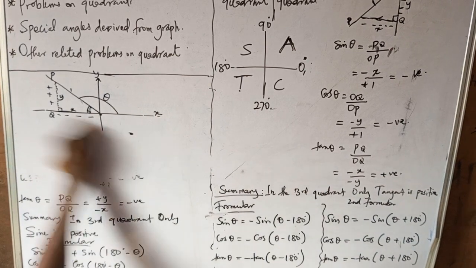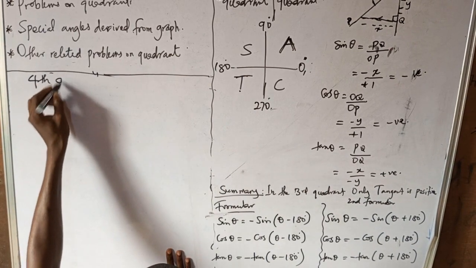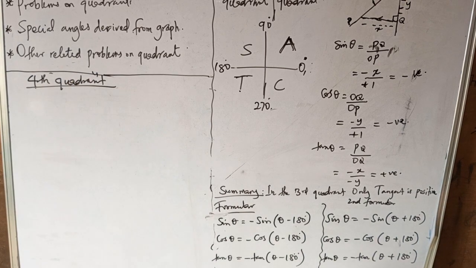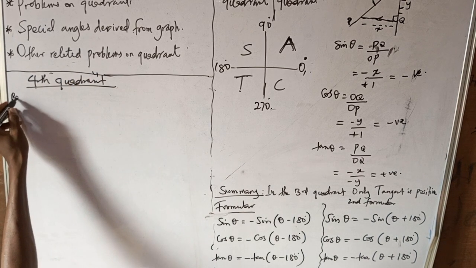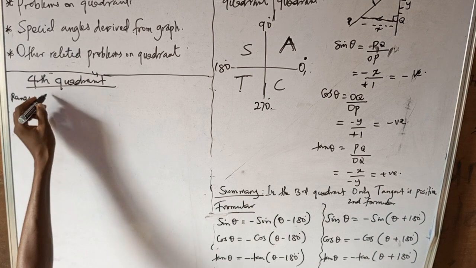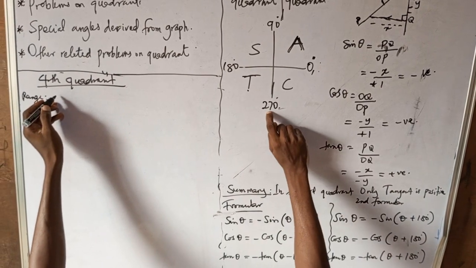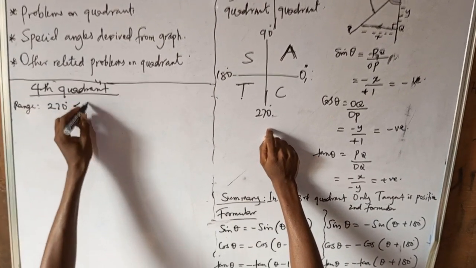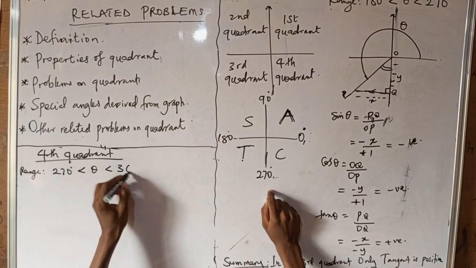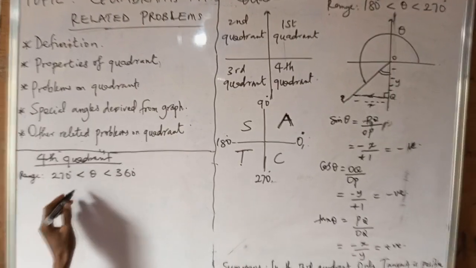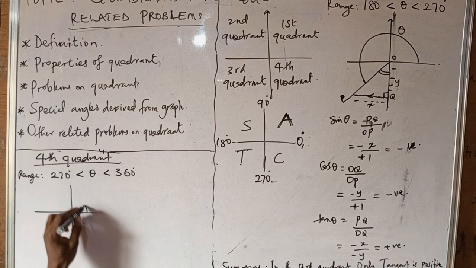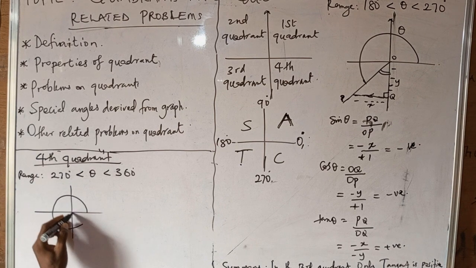So for our fourth quadrant, the range: we have 270 degrees less than theta and theta less than 360 degrees. So it means our rotation is complete now, from the beginning here, moving down up to this side.